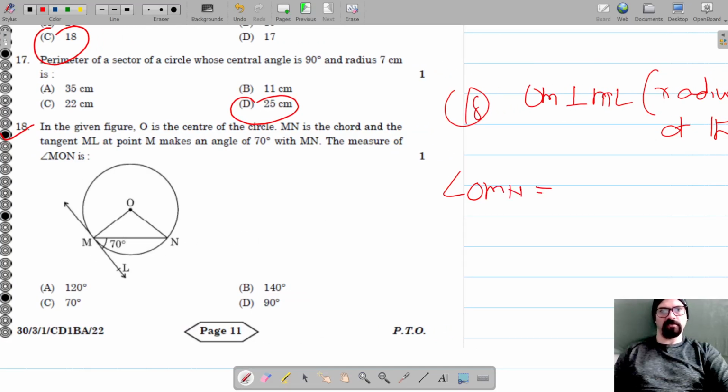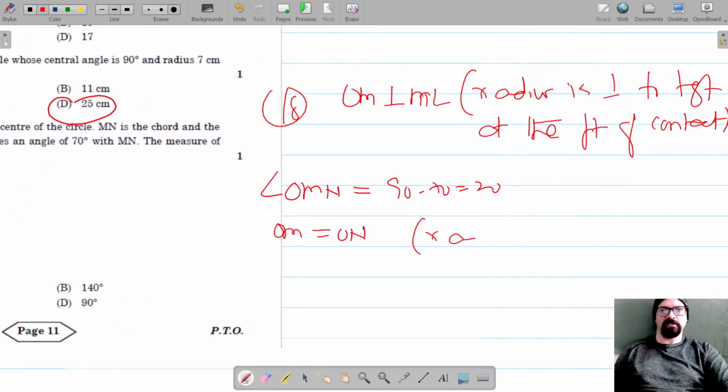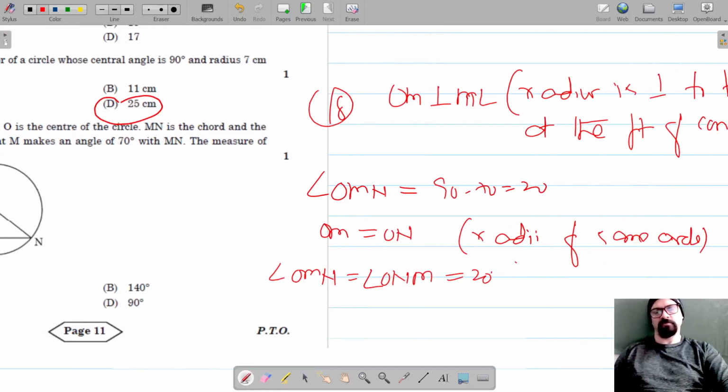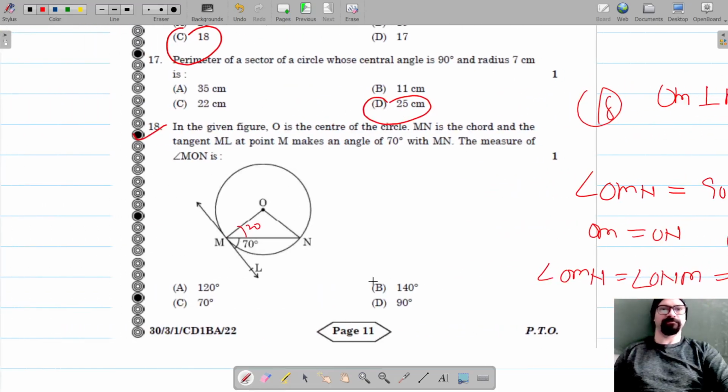So that means angle OMN is equal to 90 minus 70, which is equal to 20 degrees. Also, OM is equal to ON, as these are the radii of the same circle. So angle OMN is equal to angle ONM, which is 20 degrees, because the angles opposite to equal sides are equal.